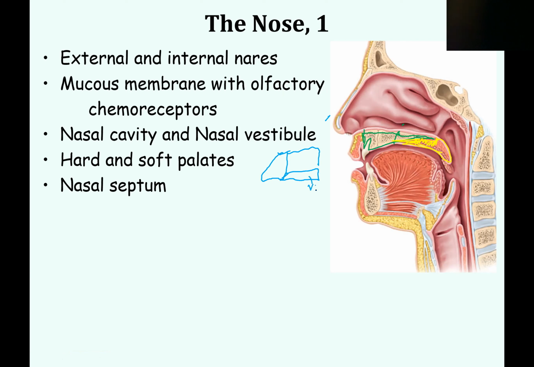So this would be the vomer. This would be the perpendicular plate of the ethmoid bone. And this would be hyaline cartilage. Now, when someone says they've had their nose broken, it's typically the hyaline cartilage that gets broken. The bones were covered in the skeletal system. So the nasal septum is going to help increase the surface area.